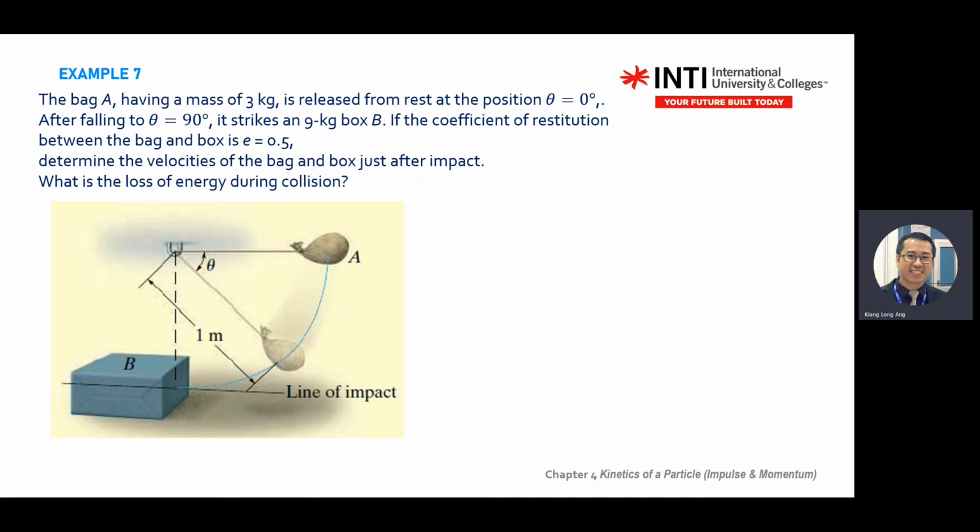You look at before it hits the B. What is the motion? What is the direction of? This is B. This is A. This is curvilinear motion. Curvilinear motion at this point, what is the direction?